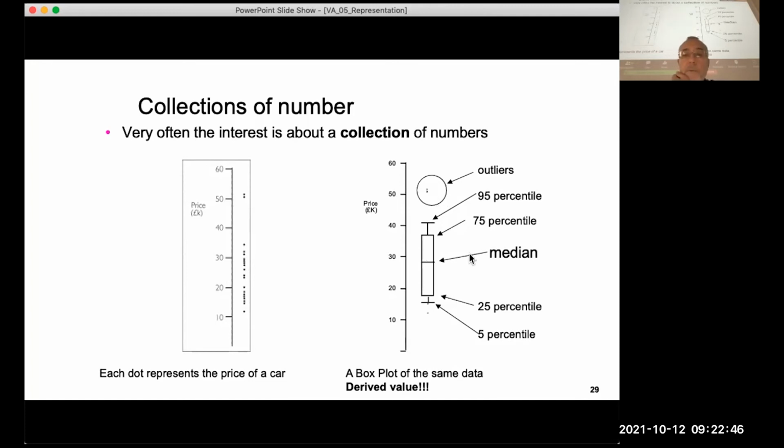The same for the upper and lower quartile. And sometimes you add some value to the data, in this case, to describe in a compact way the distribution. And you can see how this box plot is somehow representing the data distribution.